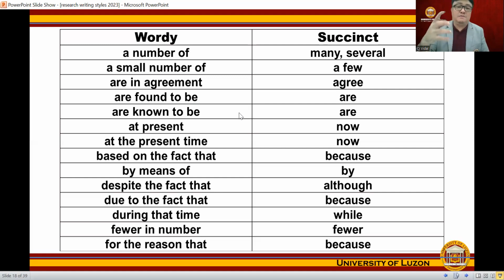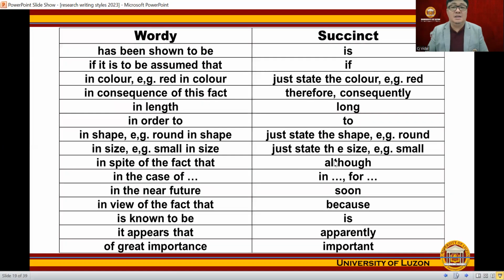"Due to the fact that," we say because. "During that time," we say while. "For the reason that," we say because. And many more. Like "has been shown to be," obviously a more succinct way to have it in our report is to replace it with the word is.